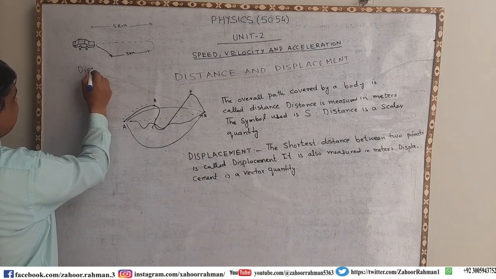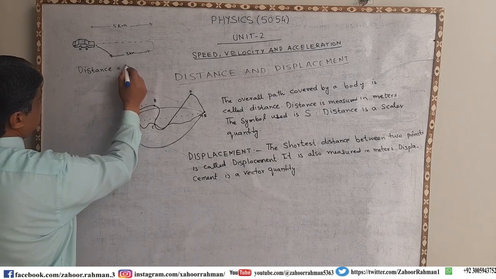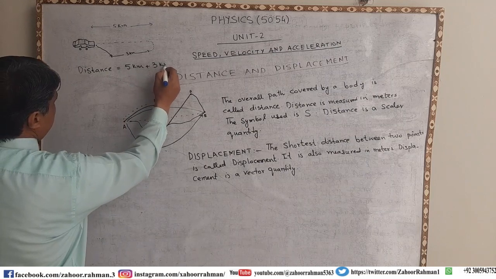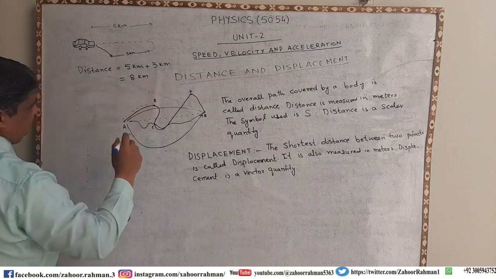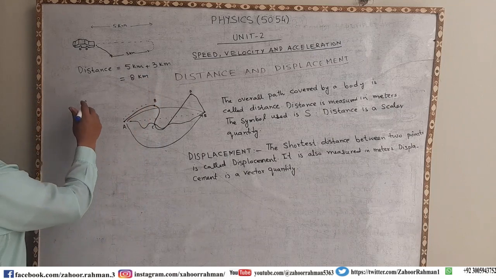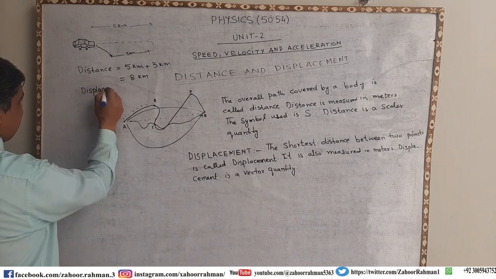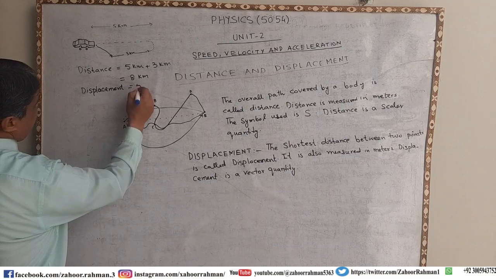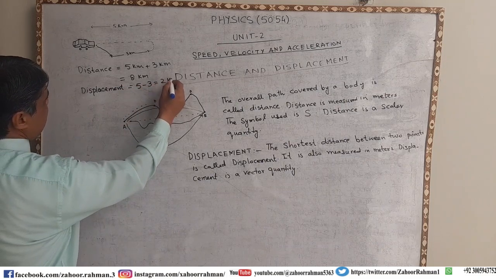The distance is the overall path, that is 5 kilometer plus 3 kilometer, which is equal to 8 kilometer. But if we are talking about the displacement, then it will be 5 minus 3, which is equal to 2 kilometer.